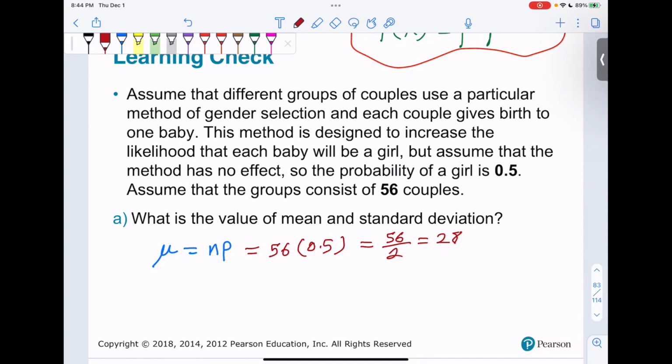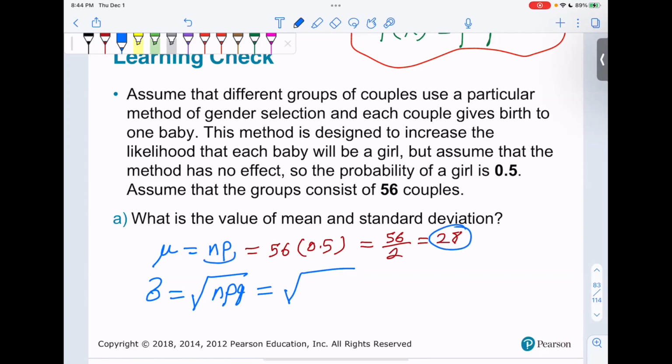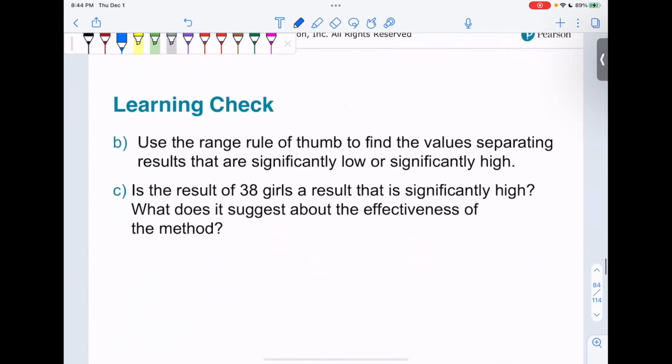And then the standard deviation, sigma, will equal the square root of npq, which is equal to, so we already know this, n p is 28, times 0.5, right? Which is equal to some value here.